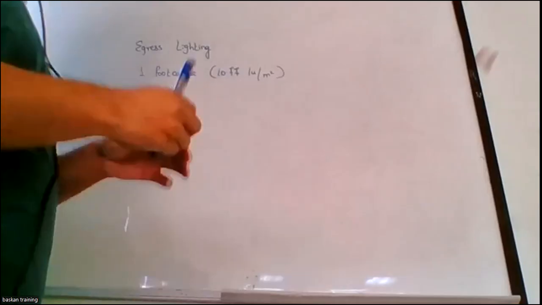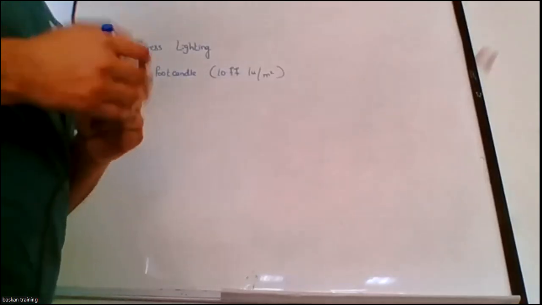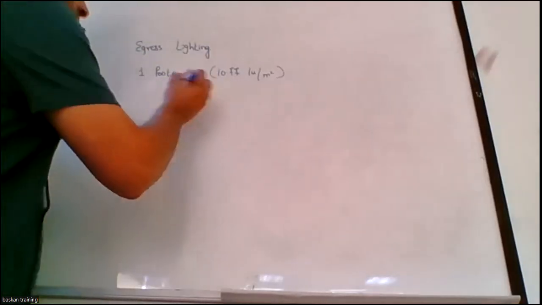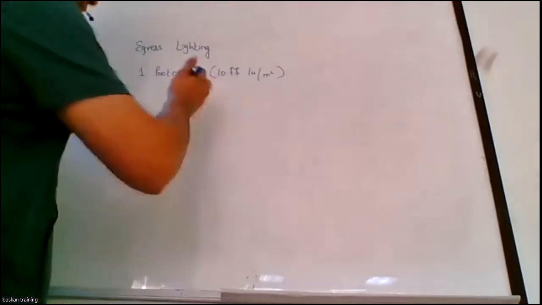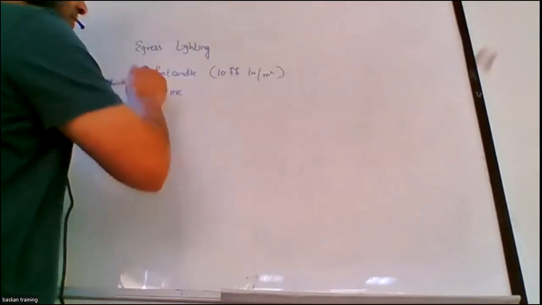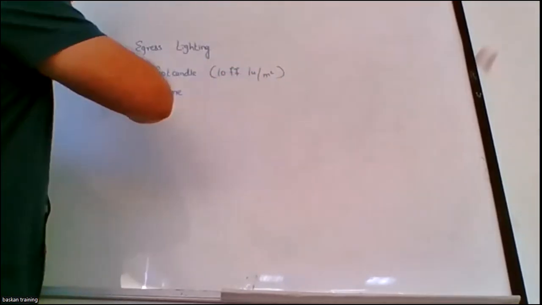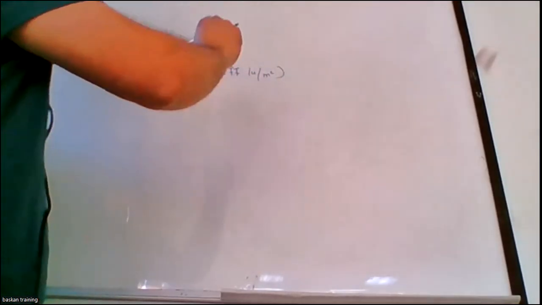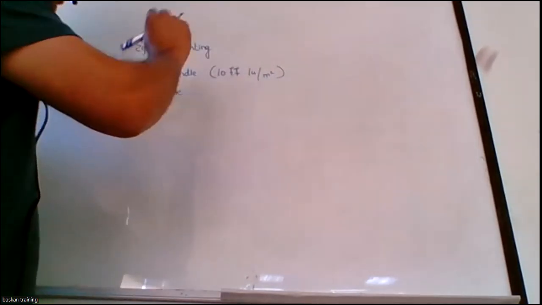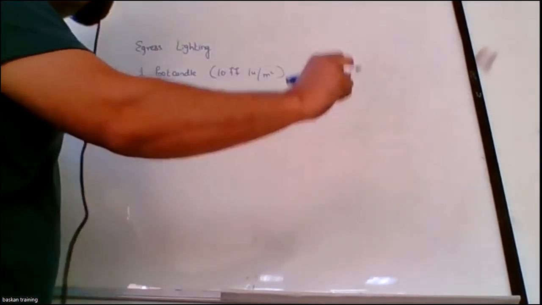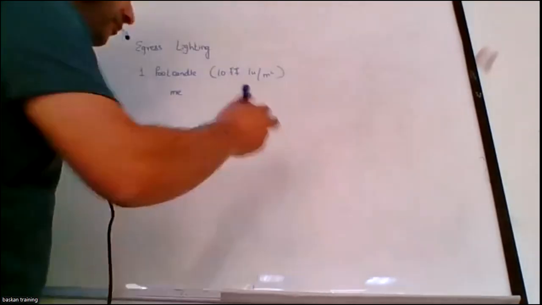So 1 foot candle. And the most important thing: sometimes they ask this in the question, and in the sample questions you will also see that they have given this in the answer. They're asking other options, like egress lighting should not be less than 1 foot candle, and they will give you 4 options: measured above the floor, beyond the floor.